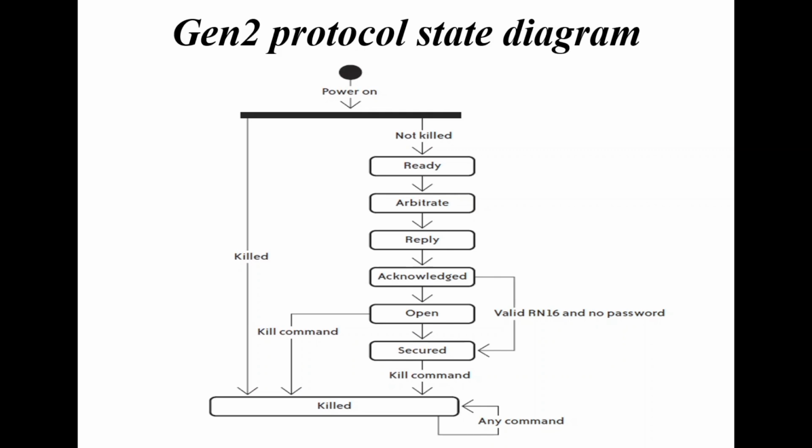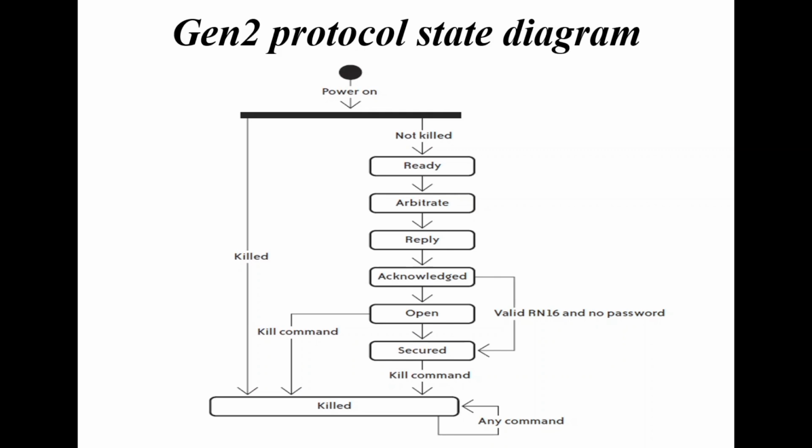Then comes the secured state. In this state, the tag requires an access password for sensitive operations. For example, writing EPC memory, locking banks, or killing the tag. So this is the protected mode for enhanced security. Then comes the kill state.